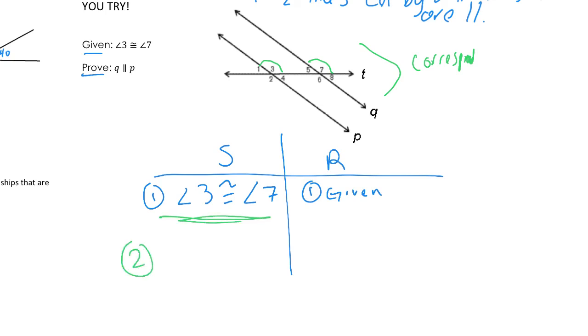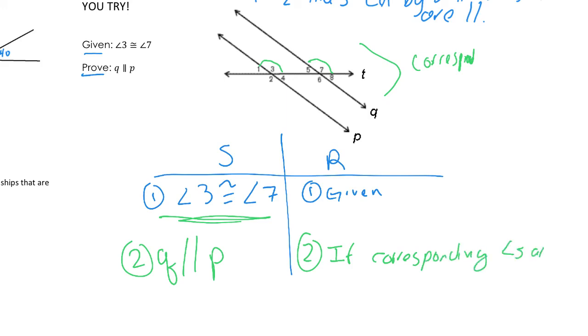So they're congruent. So step 2 is, oh, my lines must be parallel. Q is parallel to P. Because if my corresponding angles are congruent, then two lines cut by a transversal are parallel.